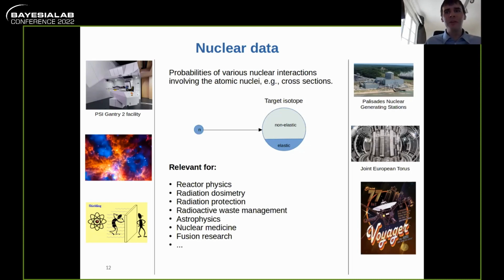In astrophysics, people are interested in how different elements are created and their abundance in the universe and on Earth. There you need to have precise knowledge about cross sections to model the collision processes correctly that appear in the core of stars. And of course, the last example that we mention here is nuclear medicine.